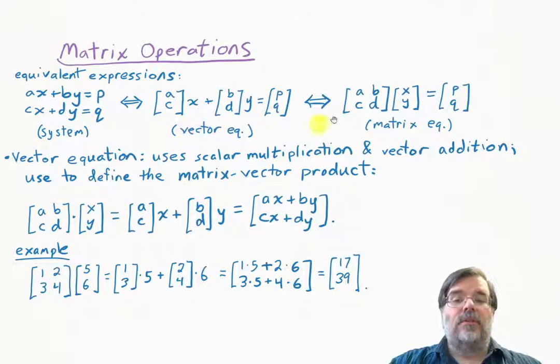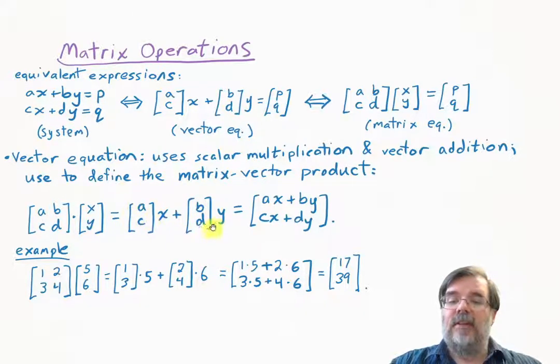Well, if two sides are equal to the same thing, then those left-hand sides should be equal to each other. And we'll use that to define a new operation called a matrix vector product. So if you have a matrix of numbers times a vector, and in this video, we'll only be talking about 2x2 matrices and vectors with two elements in them, we'll define the matrix vector product to be this linear combination.